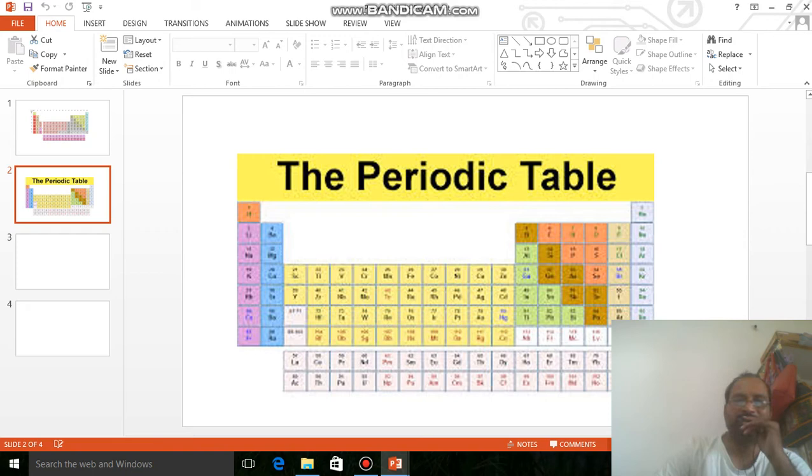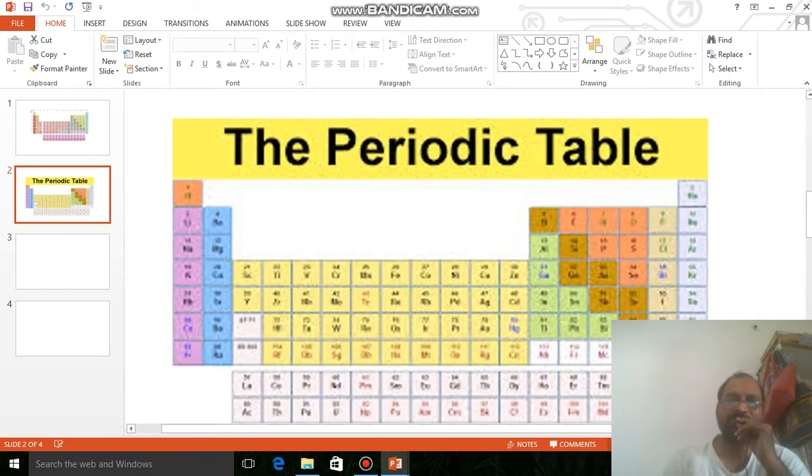See here, carbon, what is the atomic number? Atomic number of carbon is 6. Then the electron configuration is 1s2, 2s2, 2p2. How many electrons are there in its outermost orbit? 2s2, 2p2: 4 electrons are there.